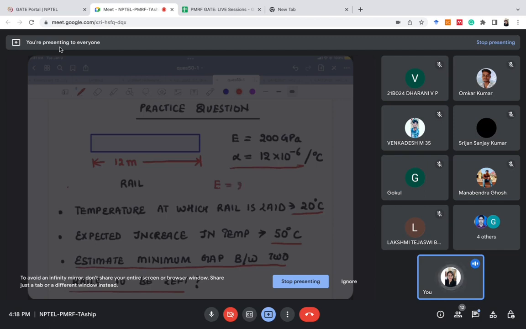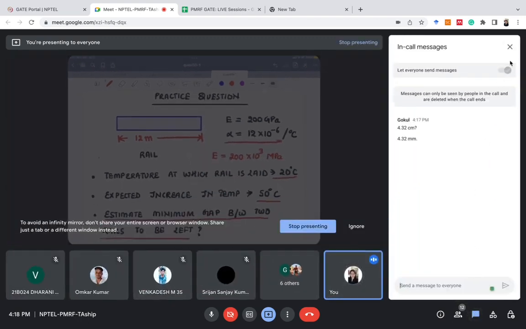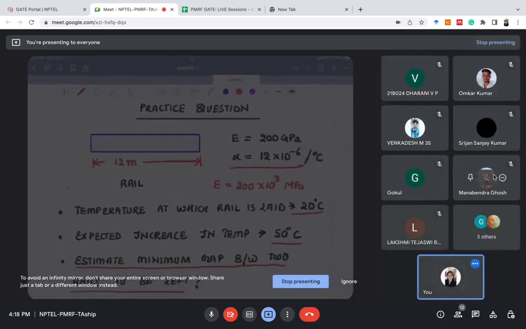E is 200 GPa, or you can write it as 200 into 10 to the power 3 MPa, or Newton per mm square. Alpha is given 12 into 10 to the power minus 6. You can write in the comments if you have solved. I think Gokul is right. Let's see.